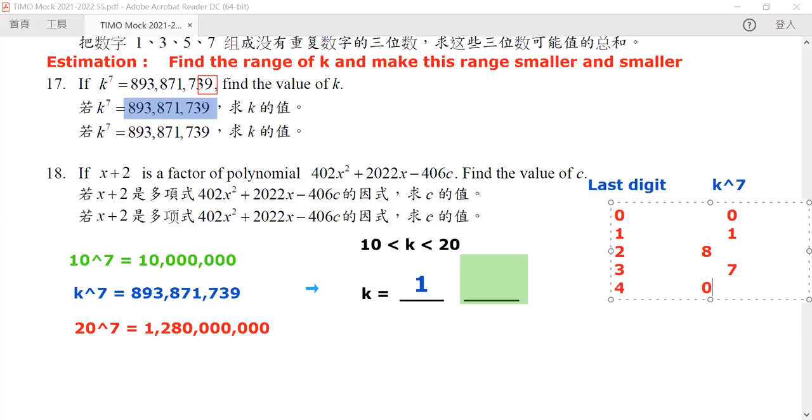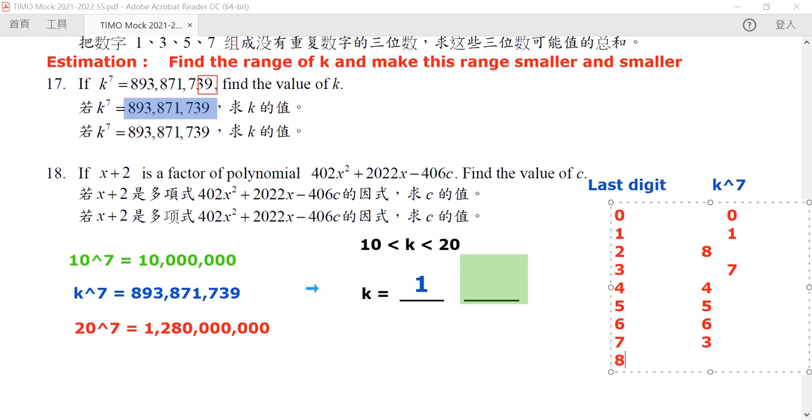And if it is 4, then it has a last digit of 4. If it is 5, because all the powers of 5 have a last digit of 5, the same thing goes for 6. What about 7? 7 raised to the power of 7 has a last digit of, unfortunately, 3. How about 8?